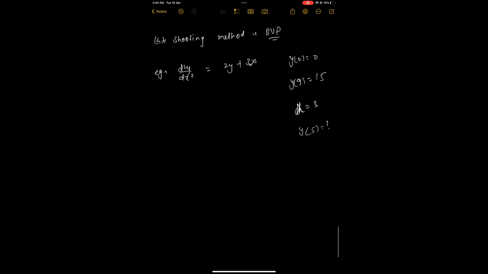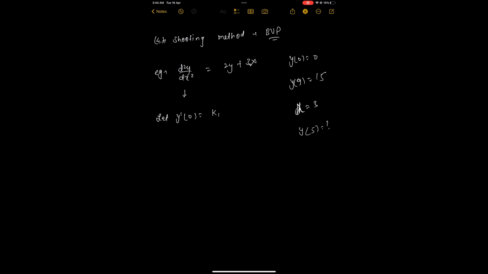So what we do in this question is we convert it into an initial value problem. Like we assume y dash 0 equals something, let's suppose k1.